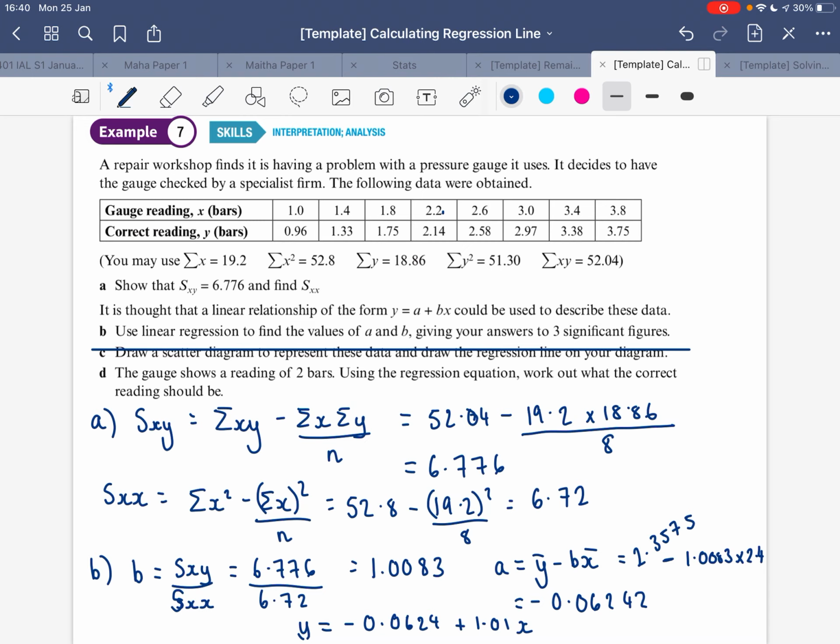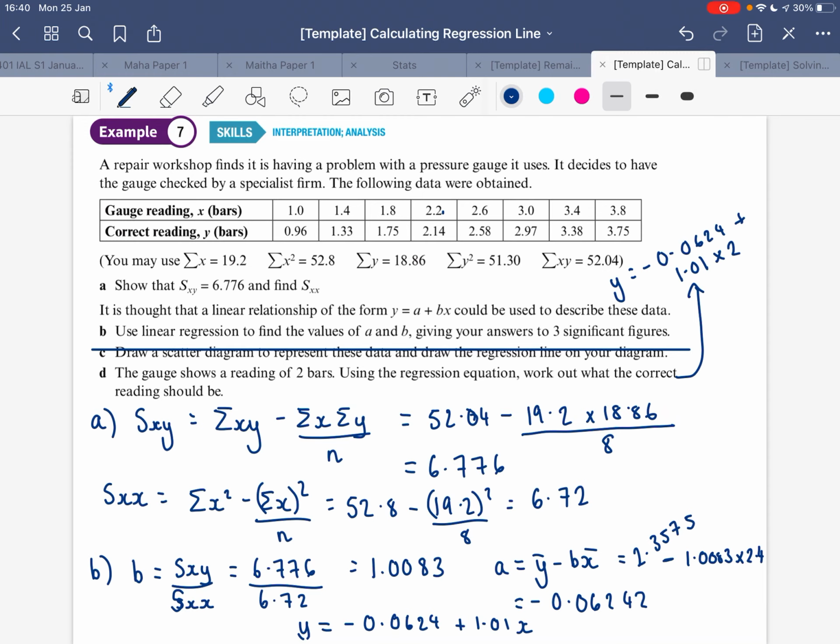Not so pleasant. Right, and then D, the gauge shows a reading of 2 bars. Use the regression equation to work out what the correct reading should be. I'm going to try and squeeze that up here. So our regression equation is y equals negative 0.0624 plus 1.01 times x.